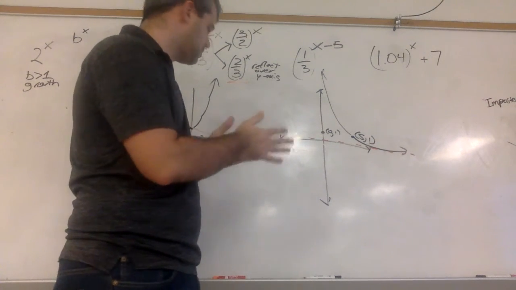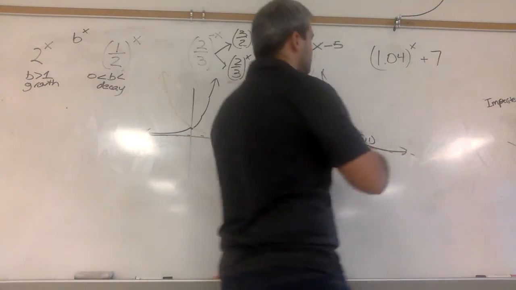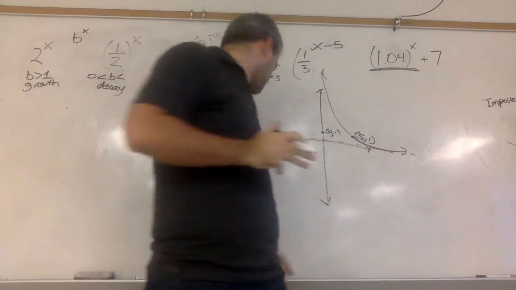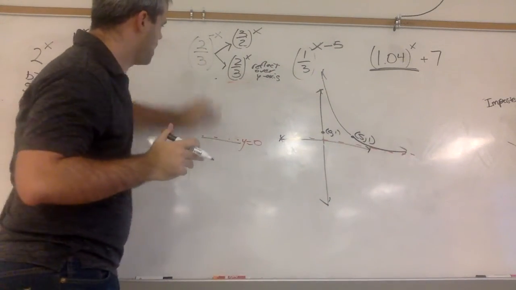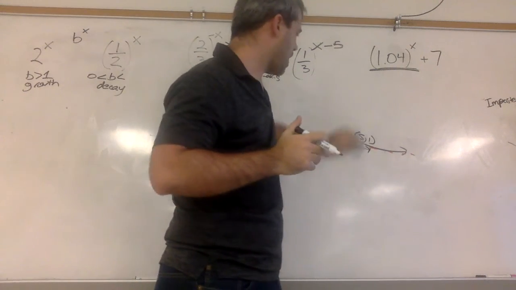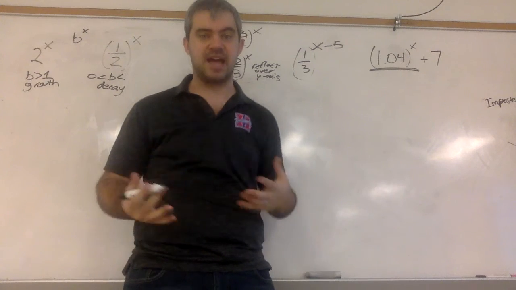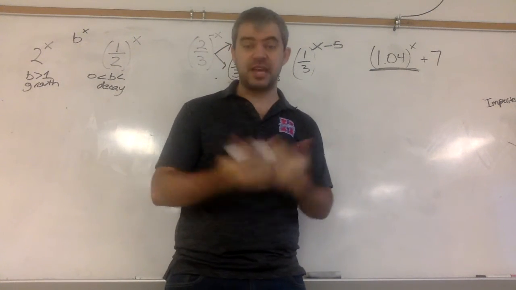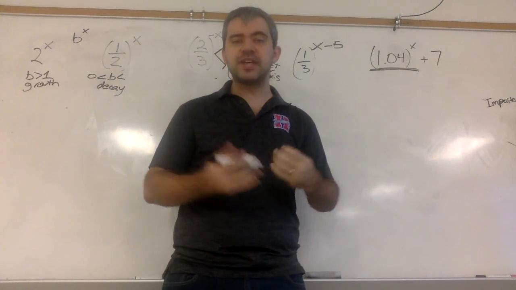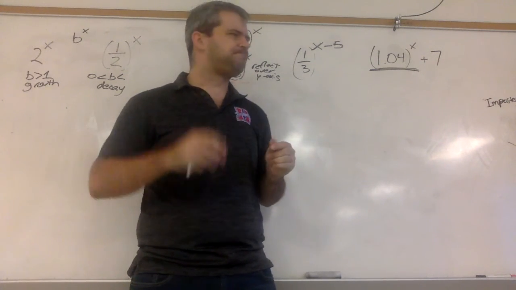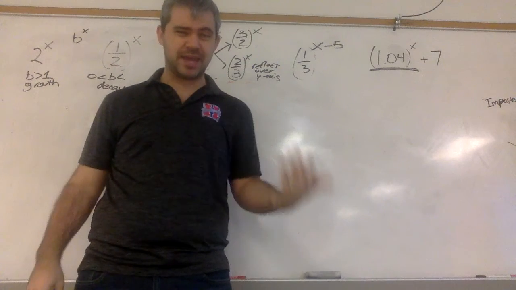(1.04)^(x+7). I want to look at this real quick because I know we haven't done a lot of real life applications here, but I can't talk about exponential growth without talking about debt and borrowing and interest. Whenever you take out a loan and there's interest involved, it's a little more complicated when you're paying it down.